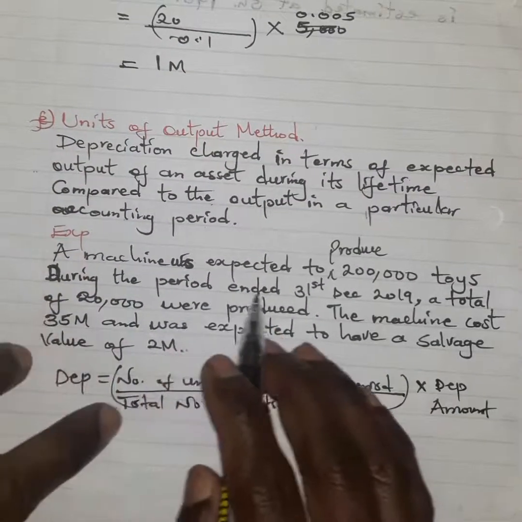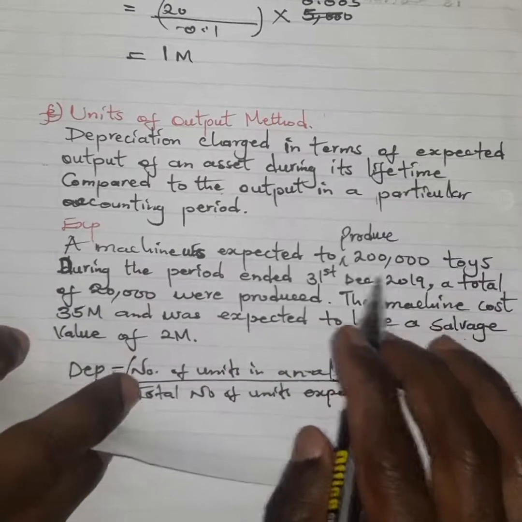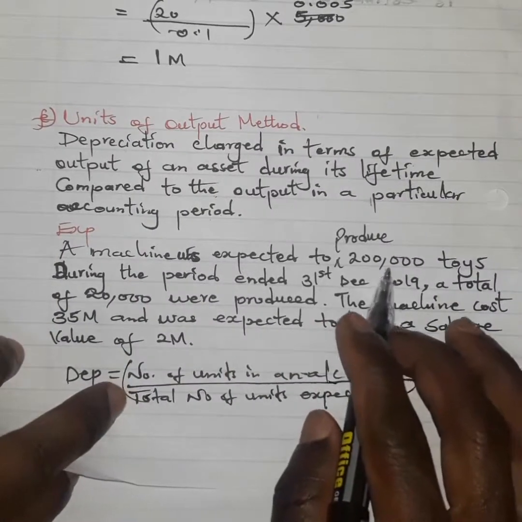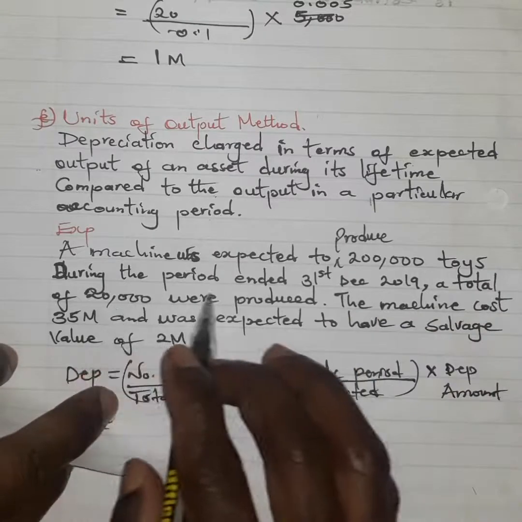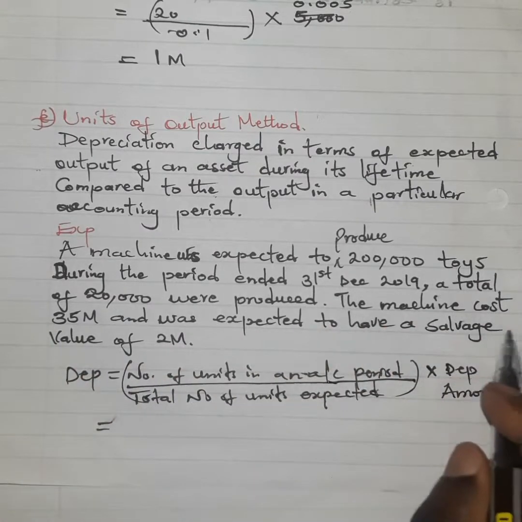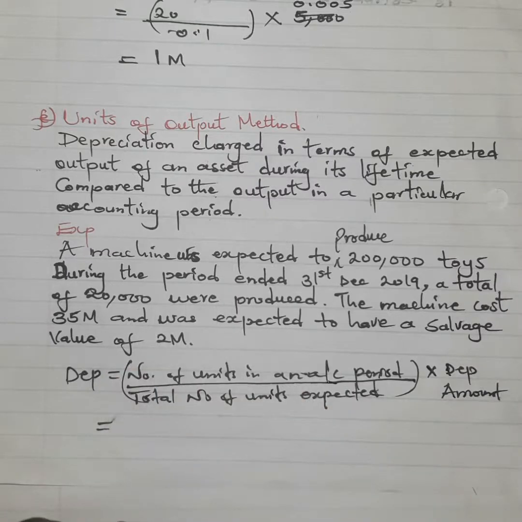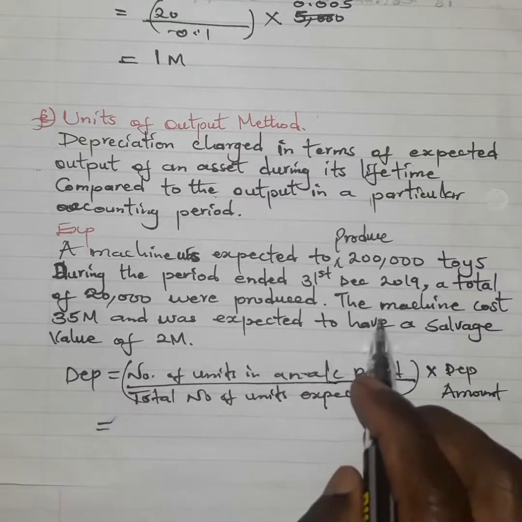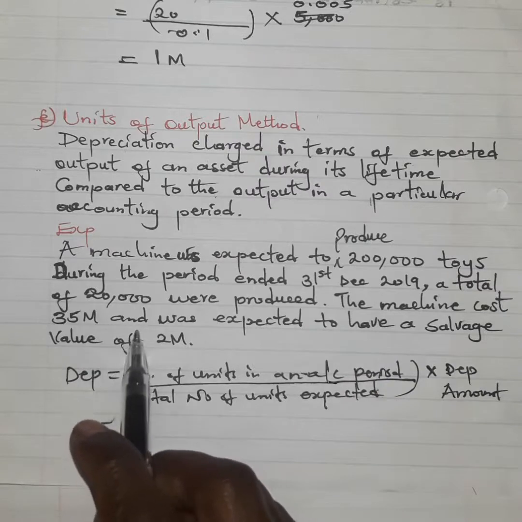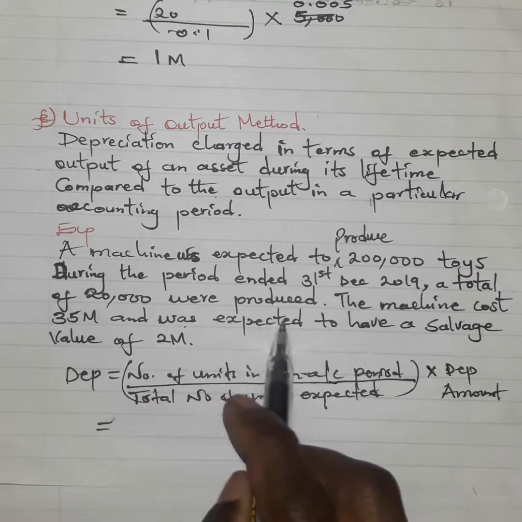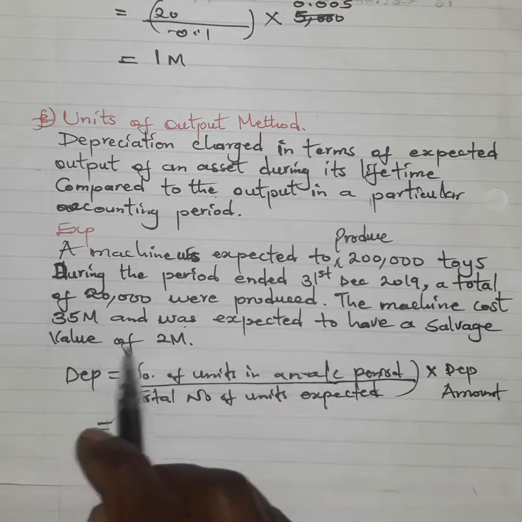So you can have this example here. A machine is expected to produce 200,000 toys during the period ended 31st December. A total of 20,000 were produced. The machine cost 5 million and was expected to have a salvage value of 2 million.